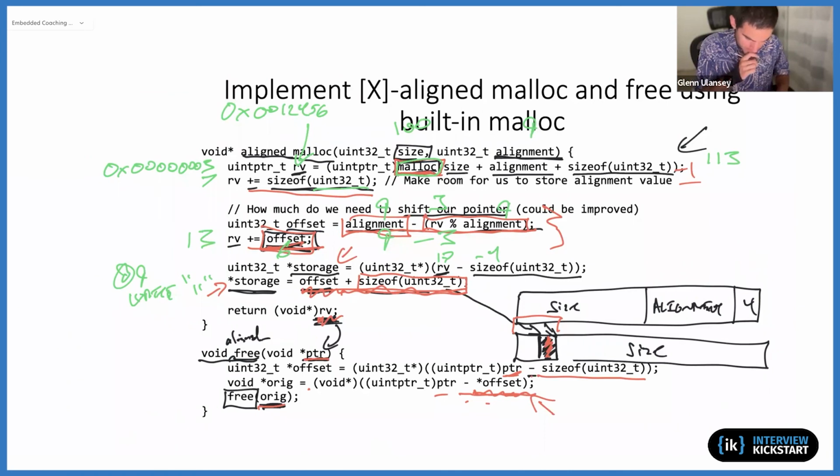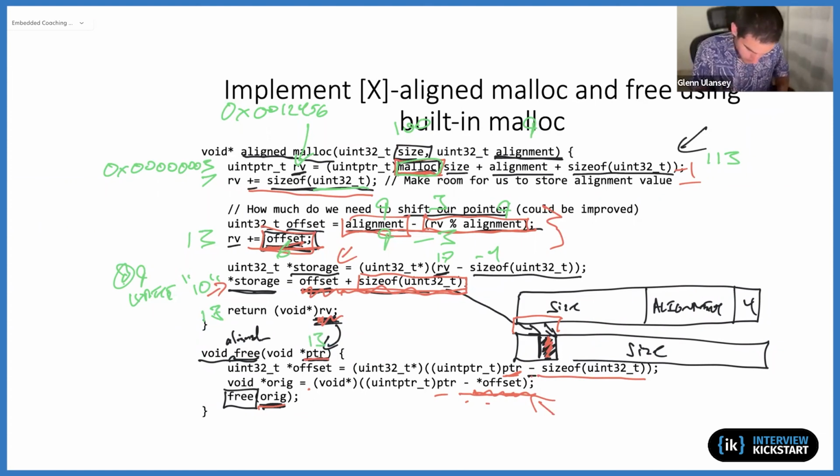Sorry, for some reason my numbers don't make any sense anymore. We're going to write 4 plus 6, sorry, not 11, 10. That's why we had an offset of 6, plus we have the size of a uint32. So our total offset we're going to write at location 9 is 10, and then we're going to return 13.